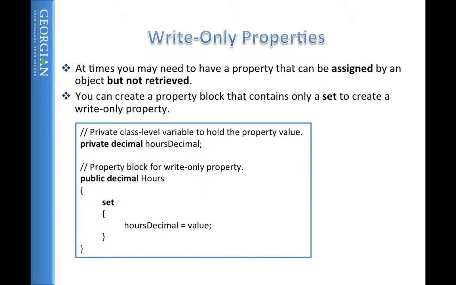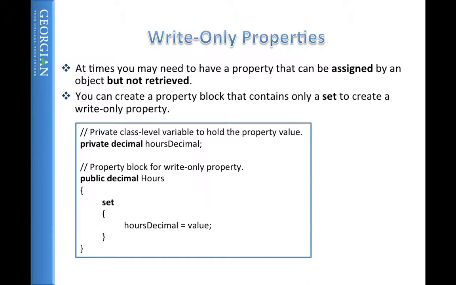Similarly, if we want write-only, same thing, right? Here's hoursDecimal. I'm giving you lots of examples here so you understand this, by the way. I'm not doing it because I want to be repeating myself, it's boring, right? Private decimal hoursDecimal, again, is your private variable for a class, not available outside. And here, Hours is what's accessible outside. Different variable.